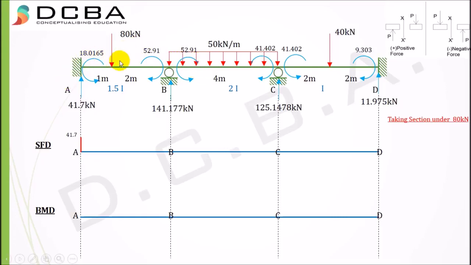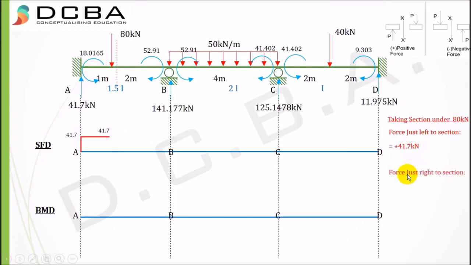After point A, the next point is under this 80 kilonewton force, and taking a section just to the left and considering the left part of the beam, there is no force other than this one, so it is plus 41.7 because it is an upward force and there is no other force on the left part of the beam. So again we plot plus 41.7 here.